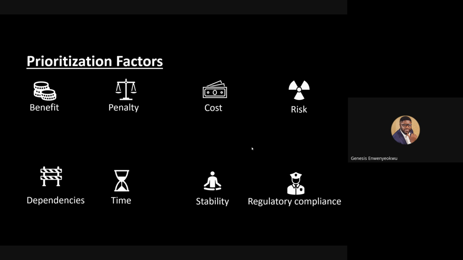Any company in the Western world, in Europe, that couldn't implement GDPR was at the verge of being sanctioned or fined or banned or whatever. So regulatory compliance could also be a reason why we assign higher priority to a piece of work.